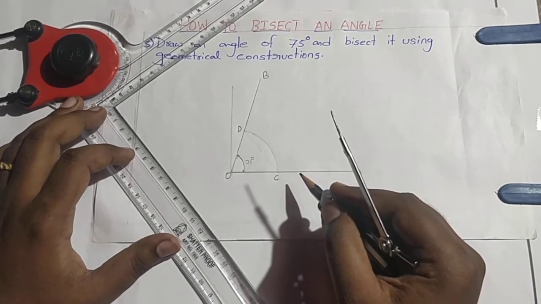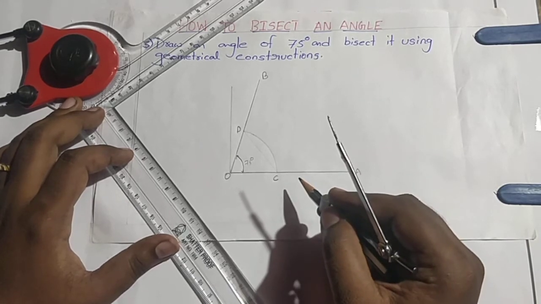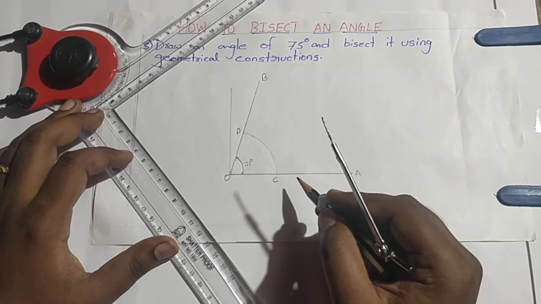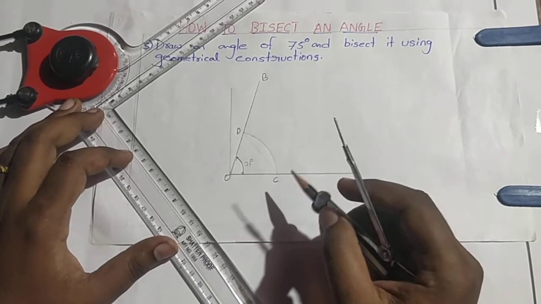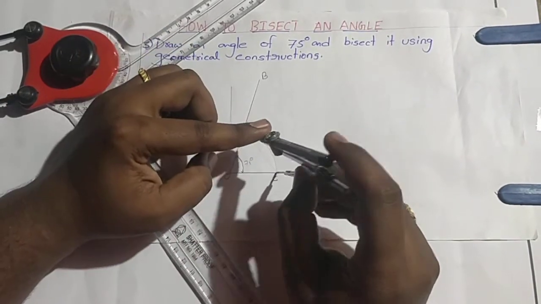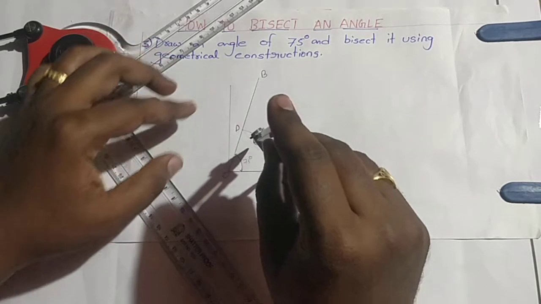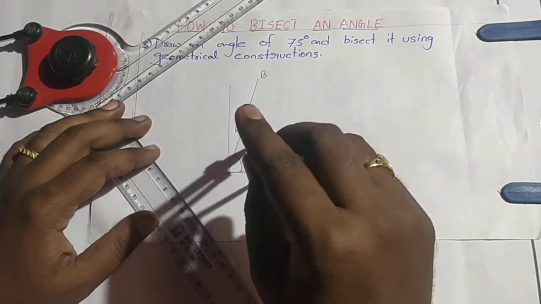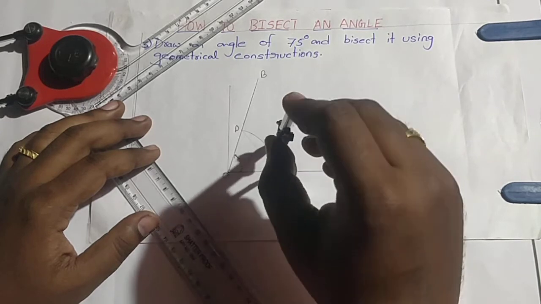In the first case we discussed one method, that is bisecting a given line. The same procedure I am using here. From C, I draw an arc taking a radius greater than half of the length of CD.